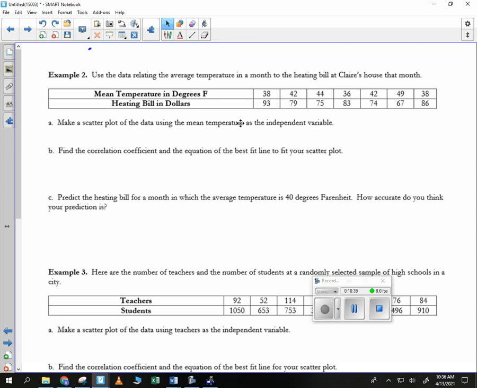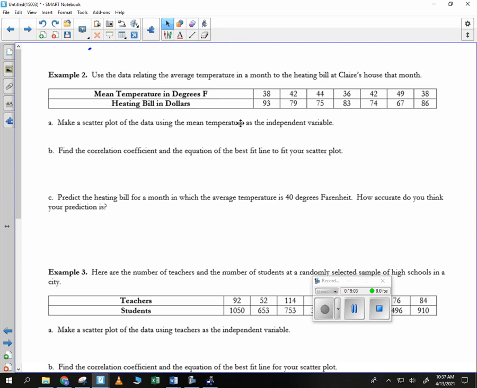The independent variable we put on the bottom, the dependent variable we put on the top. Dependent means it's affected by the other. Independent means it is the cause. You tell me, do you think the heating bill changes the temperature outside, or do you think that the temperature changes the heating bill?